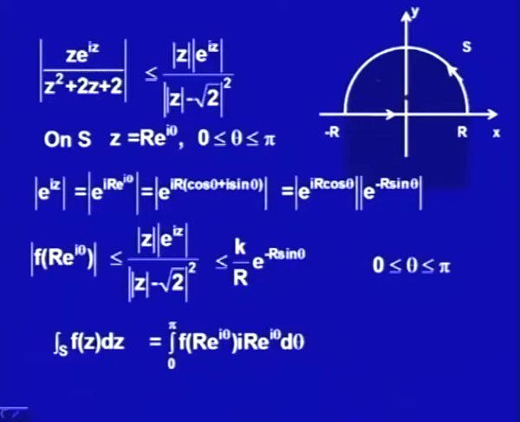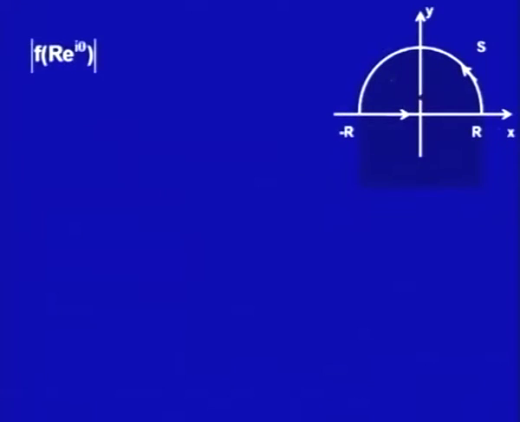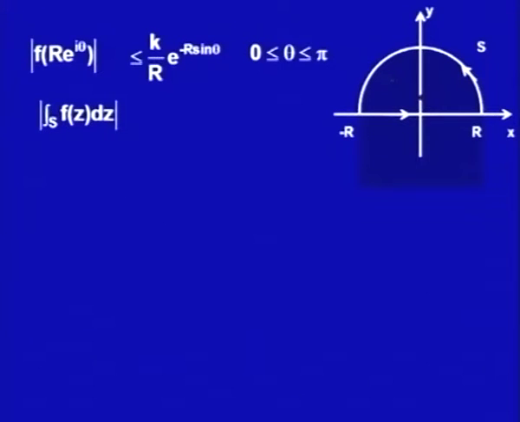Now, use this ML inequality. So, we have f of r e to the power i theta is bounded by k upon r e to the power minus r sin theta, and the integral over S of f z dz we could write as the integral from 0 to pi of f of r e to the power i theta times e to the power i theta d theta, and this r is constant with respect to theta.